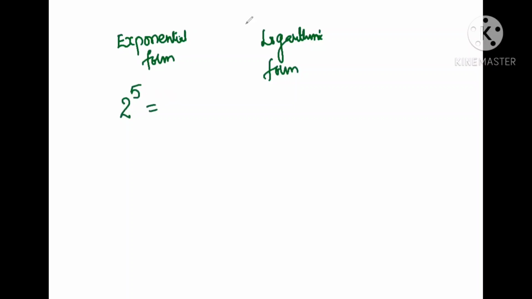The answer is 32. So now how to write the logarithmic form of this? Logarithm of 32 with the base 2 is equal to 5. This is the logarithmic form and this is the exponential form.